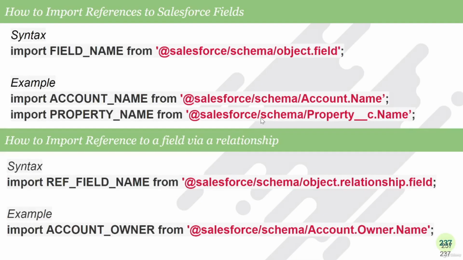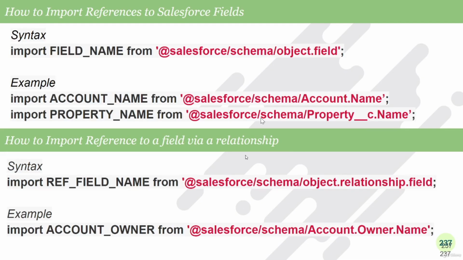We have just now seen we have given the object name as user and the field name as name. Another example, you can see account.name, or if you talk about a custom object.field name, then you have to give your custom object that ends with __c, in this case property__c.name.